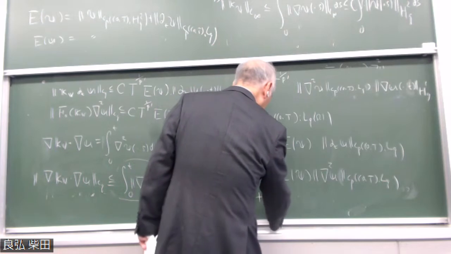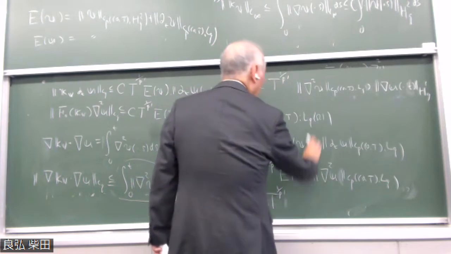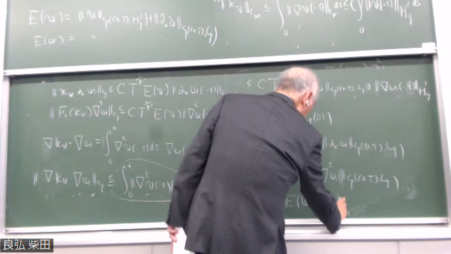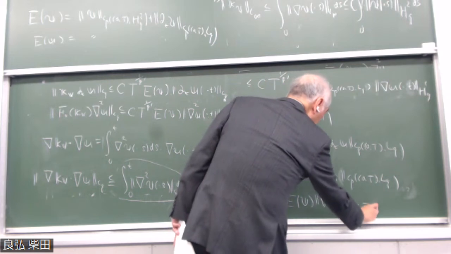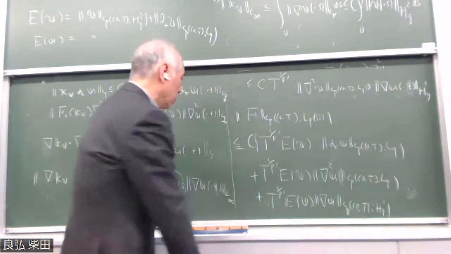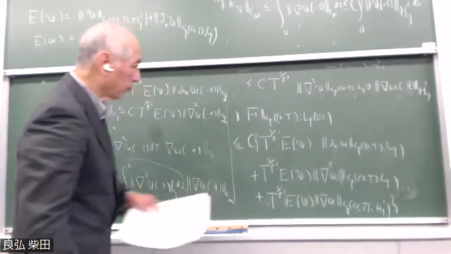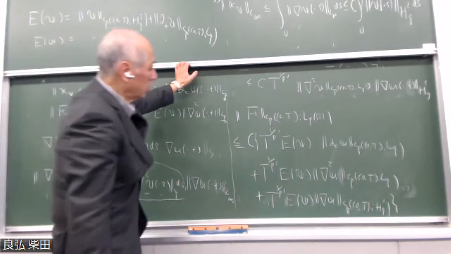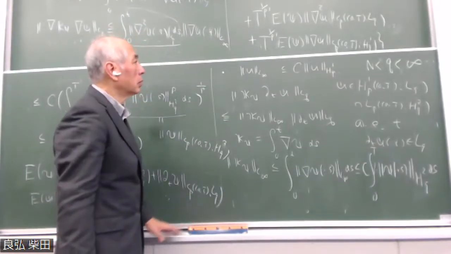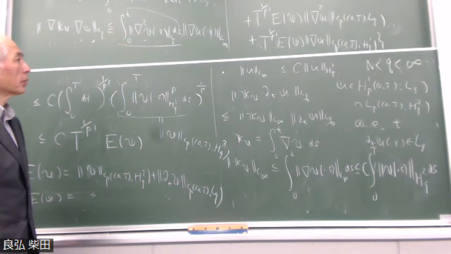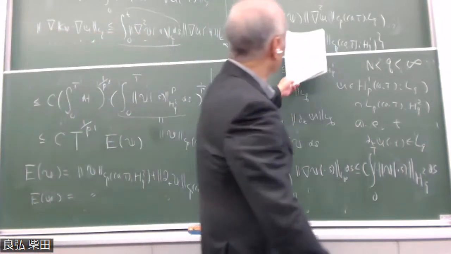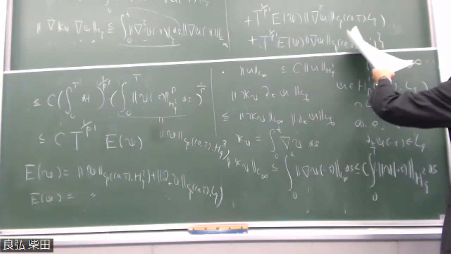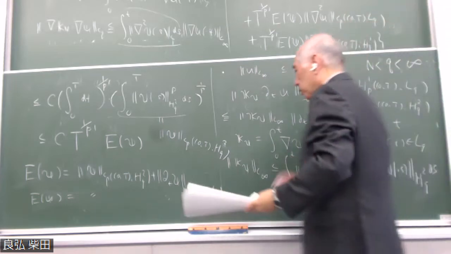So this is the LP norm, EB. The LQ norm of the second derivative of U is H2Q, and the H1Q norm of the first derivative of U is also H2Q.